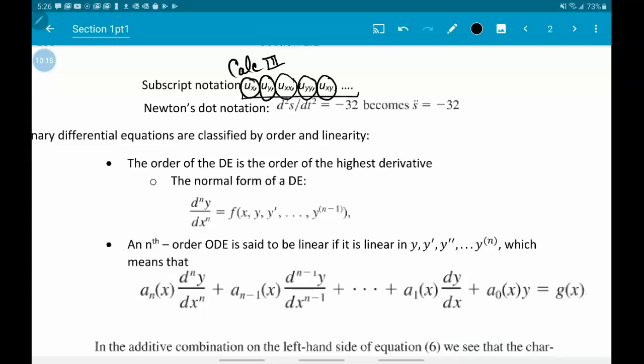This is a derivative with respect to x, and then we took the derivative again with respect to x. This is the derivative of u with respect to y, and then take the derivative again with respect to y. This last one's called a mixed partial because we took the derivative with respect to x, and then we took it again with respect to y. So these are reserved for partials. That's typically where you see that.